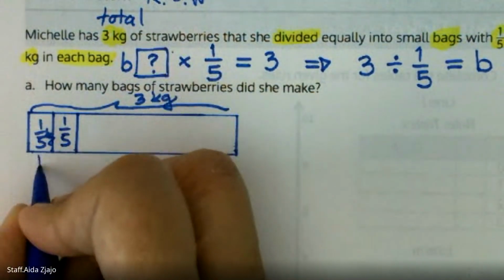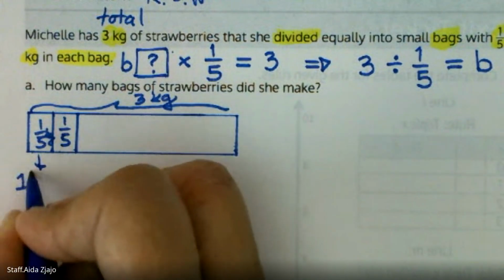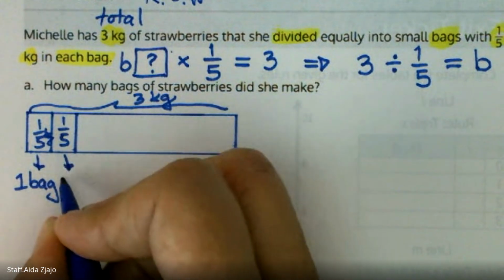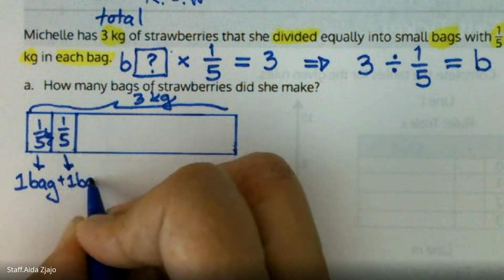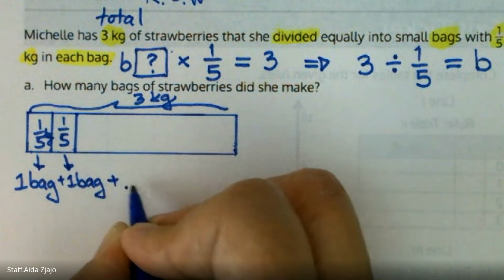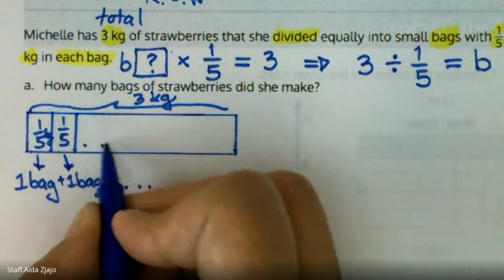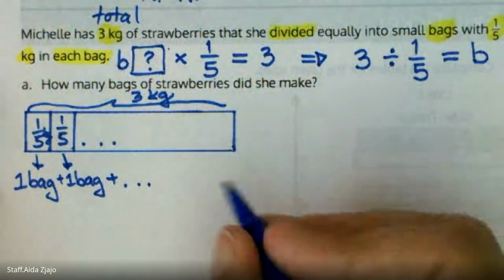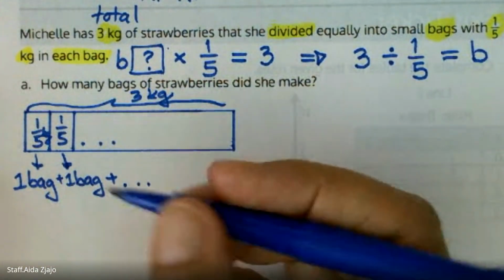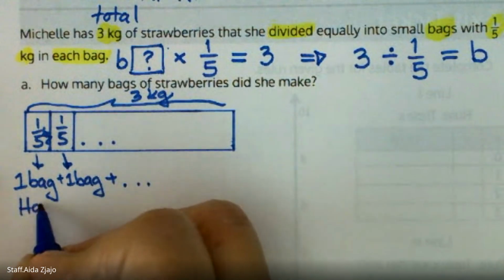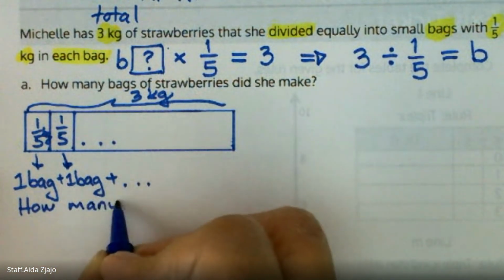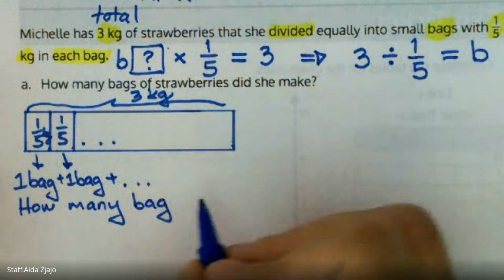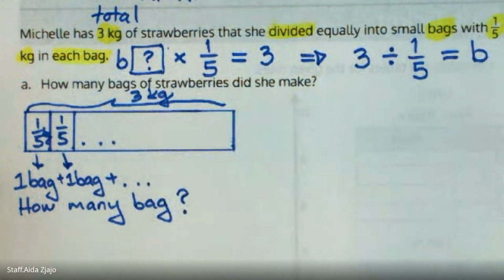So this is one bag, and this is also one bag, plus one more bag, plus how many more bags we don't know. So the unknown is how many bags she can make out of 3 kilograms. How many bags is our question mark?